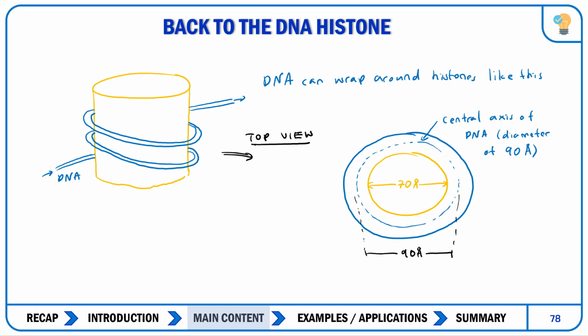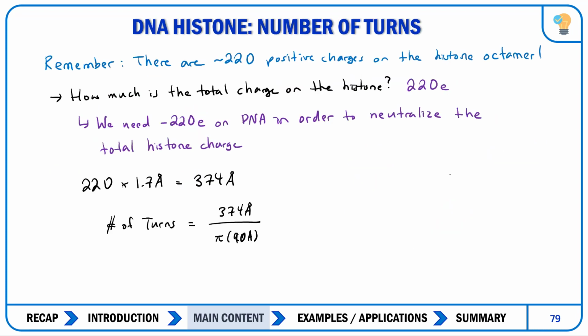So that's going to be the diameter of your central axis of DNA, and that means if we know the diameter, we're going to know the circumference, or 2 pi r, or pi times d, and then we'll be able to calculate how many turns are required, and that's approximately 1.4, which should be a fairly familiar number for the number of turns of DNA around a histone.